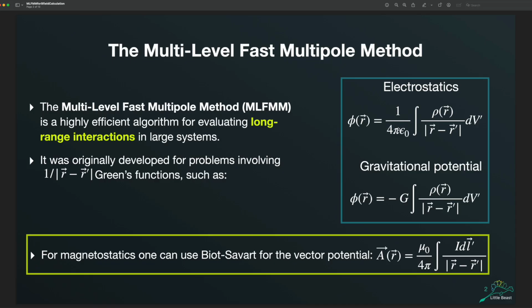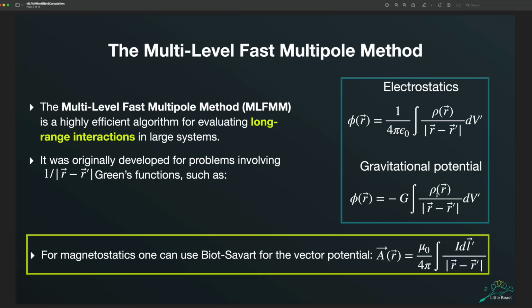So it's an algorithm that basically was intended to highly efficiently calculate long-range interactions in large systems. And basically that means that, for instance, it can be applied to electrostatics at long range, where you have this 1/r dependency of the electrostatic field potential here, but also gravitational potential, which is given here.